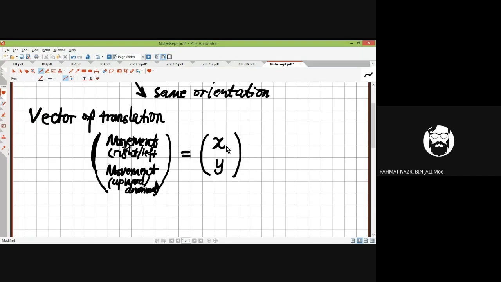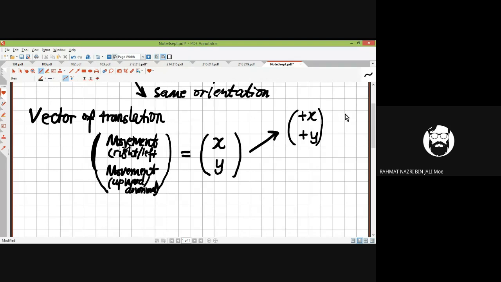If the point moves to the right, we get the positive x here. Okay, if the movement is to the right, we have a positive x, and then the object also moves upward, so we get positive y.